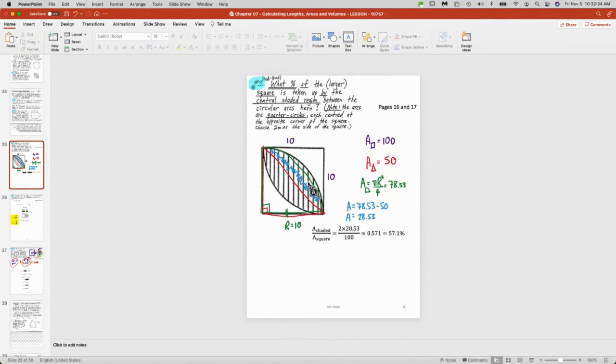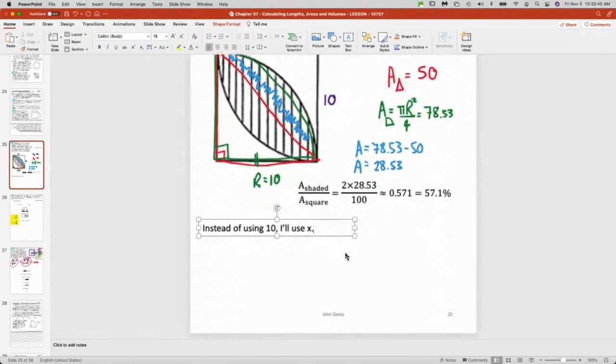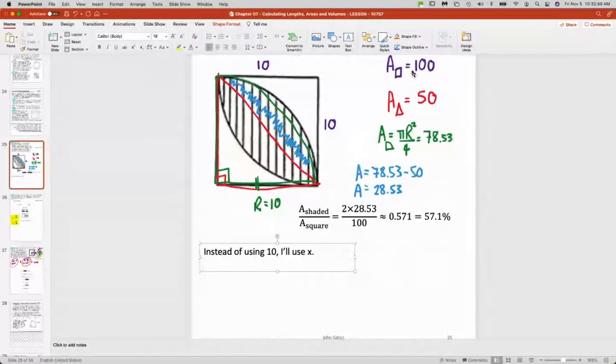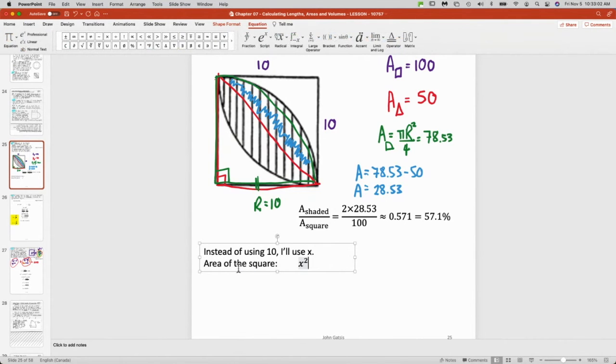So instead of the number 10, I'll use X. So that's my strategy, okay? Instead of using 10, I'll use X. All of these things here with the different colors, I'm not going to try to color these right now. That'll waste too much time. I'm just going to say them in English, okay? So the area of the square is X squared.